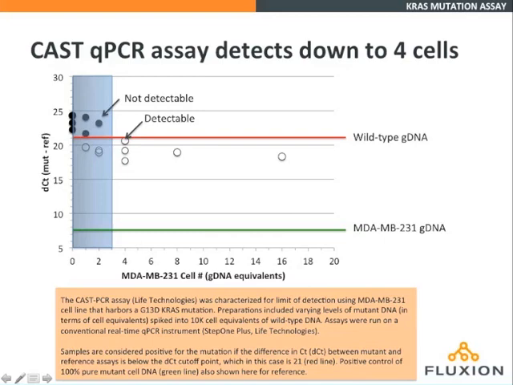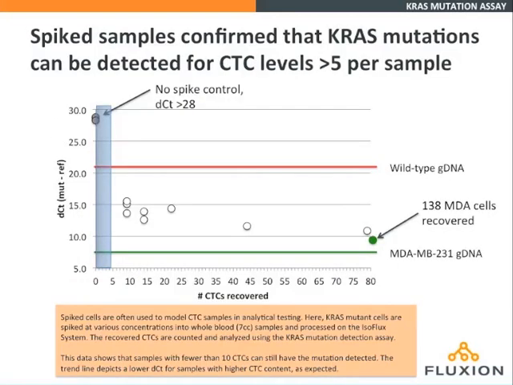Now, of course, what's really important is to look at a closer representation of what the actual CTC experiment will look like, and namely spiking in of this known mutation positive cell line into whole blood from a draw.